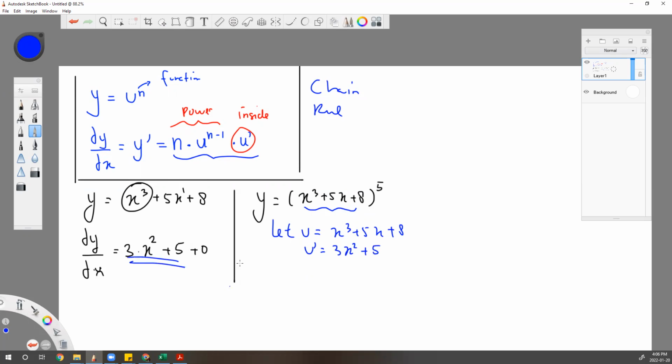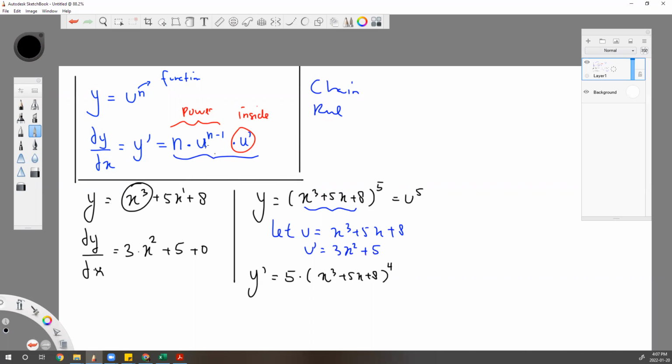And then what you need to do now is put the y accent, the derivative of u power 5. So if this is u power 5, you write down 5 as a power first, 5 times u, x cubed plus 5x plus 8, power 5 subtract 1. I just write directly 4.